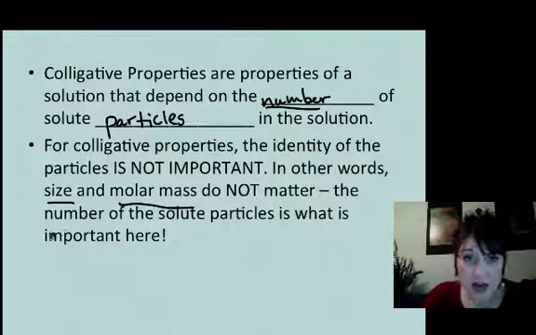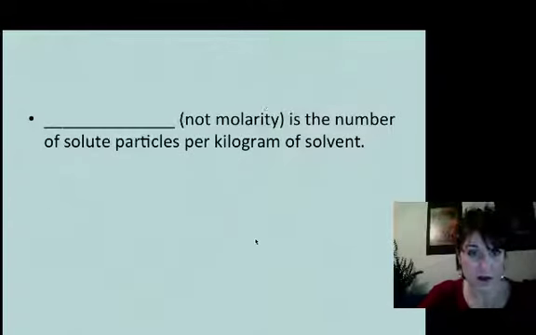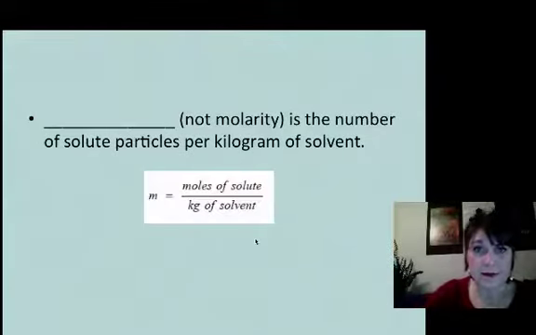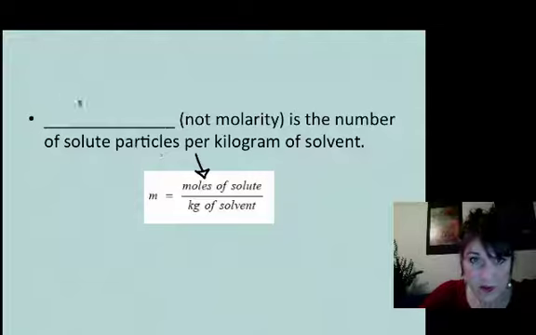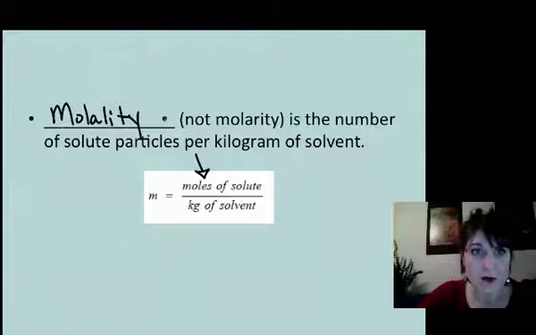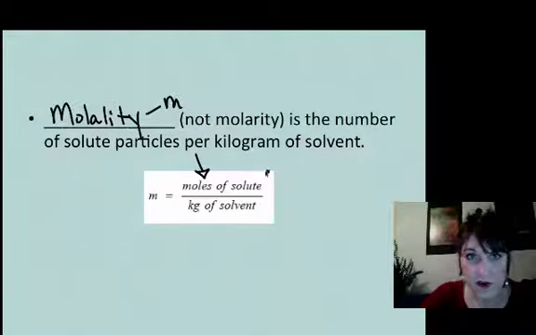It's all about just how many of them there are. So that's what we're going to be looking at here. In this case, the one that takes into account the types of particles is molality, not molarity. So we're going to get good at calculating molality, that little m, so that we can represent the number of particles per kilogram of solvent.